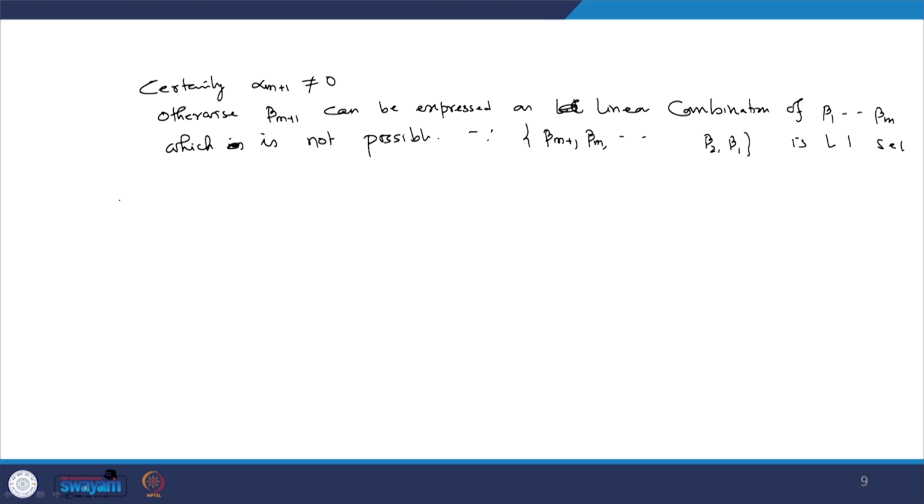Now, inner product of alpha m plus 1 and alpha j, this is equal to inner product of beta m plus 1 minus sigma, k equal to 1 to m, inner product of beta m plus 1 and alpha k, that is your entire alpha m plus 1, and alpha j.